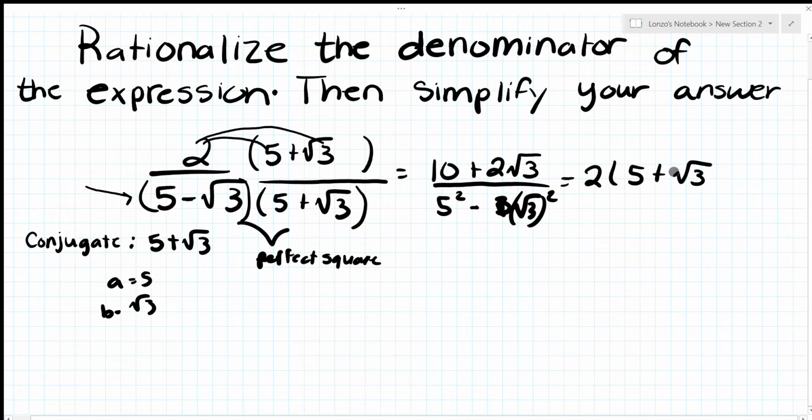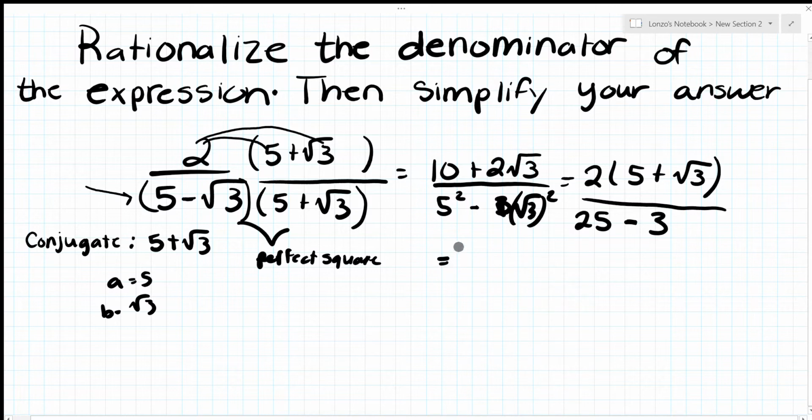There's an invisible 1 right here. Divided by, what is 5 squared? 25. Minus, what is square root of 3 squared? It's just 3, right? Whenever you square a radical, the radical disappears. So 25 minus 3, let's simplify that.